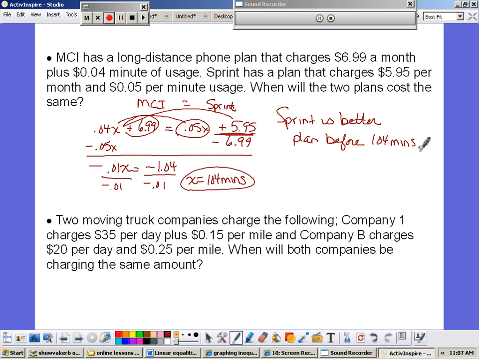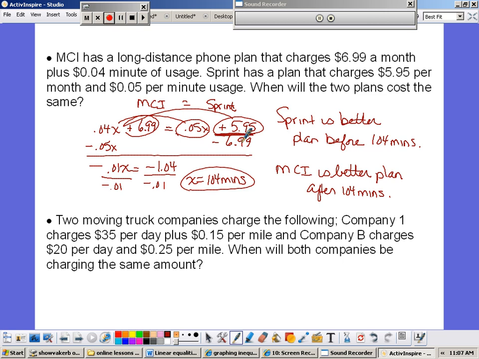That means MCI is a better plan after 104 minutes. It always starts with whichever one's cheaper up front.